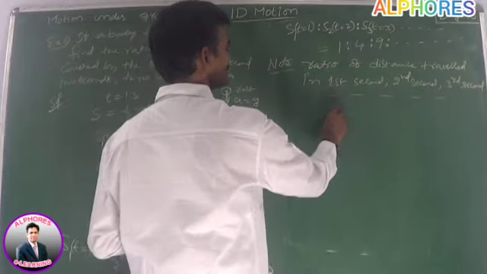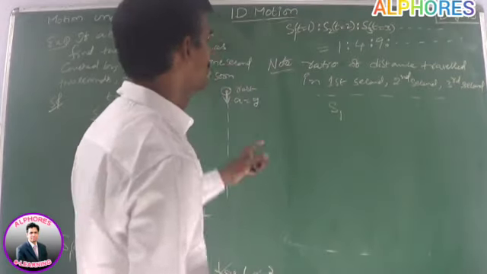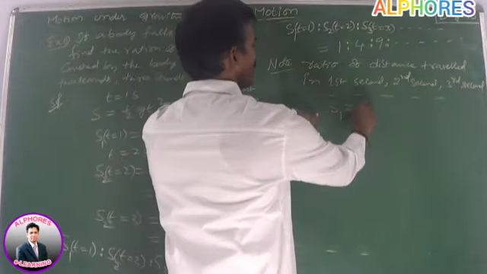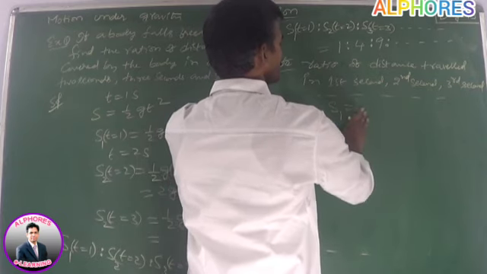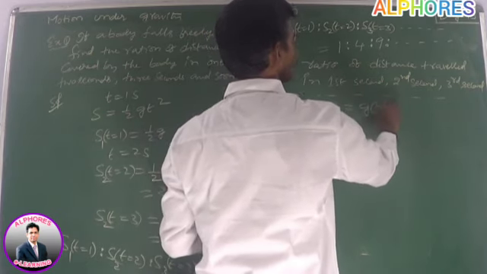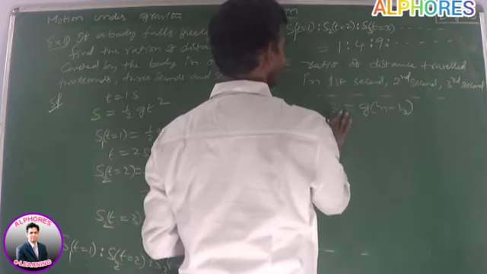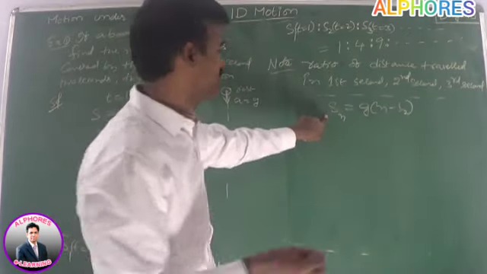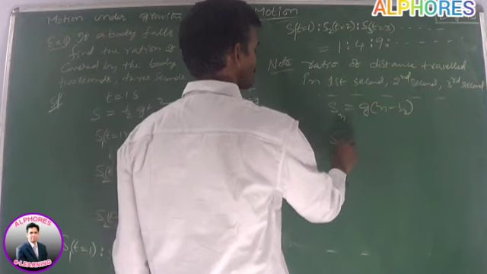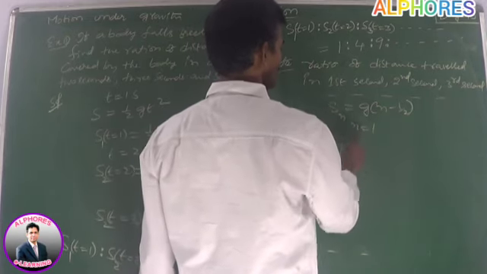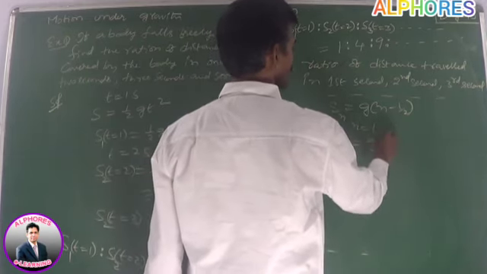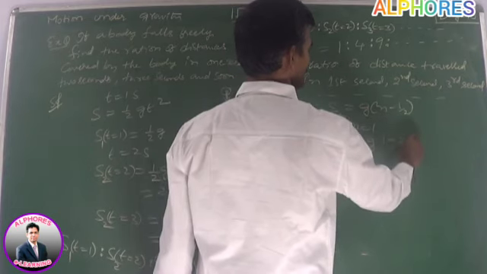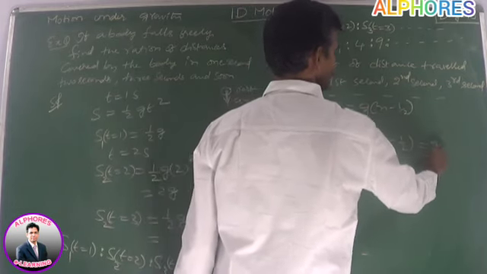S1 is the distance traveled in the first second. For the nth second, we already know Sn is g into n minus half. For S1, n is equal to 1, so S1 is g into 1 minus half, that is g by 2.